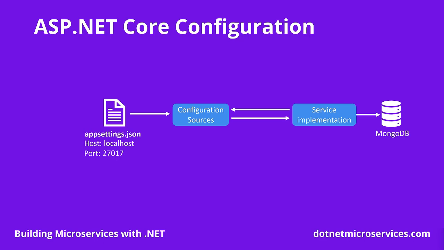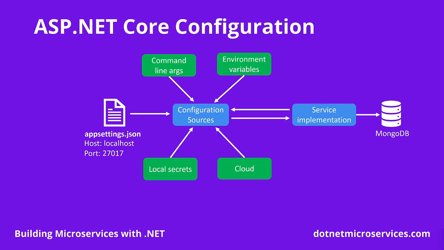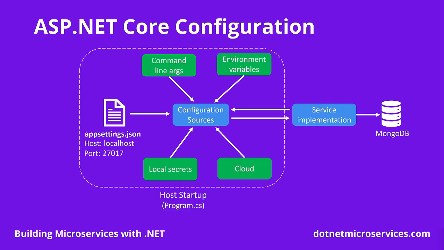And the good thing is that, just like this one, there are several other sources like command line arguments, environment variables, local secrets, and even the cloud. All these configuration sources are automatically read for us and loaded into the configuration system during host startup, which is configured in the Program.cs file in ASP.NET Core applications.